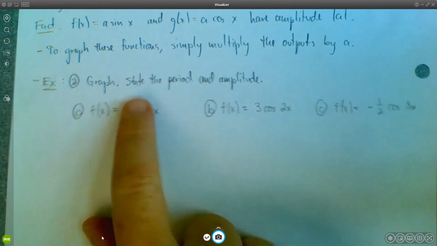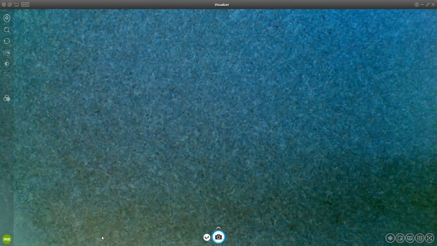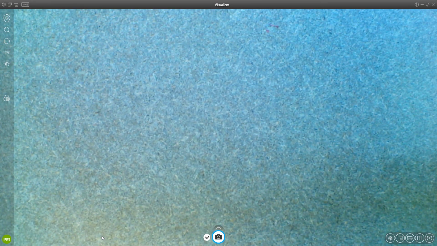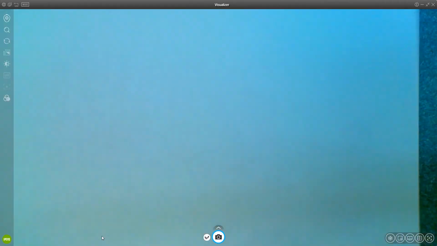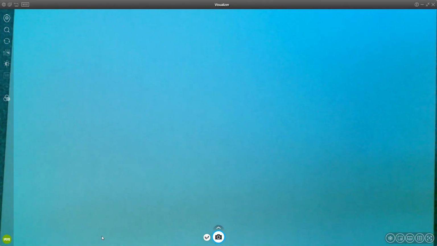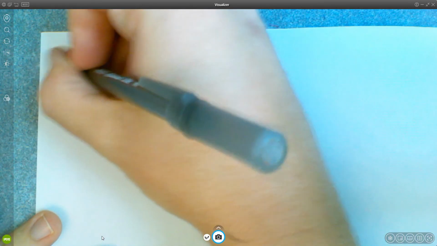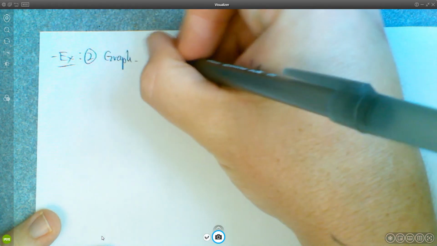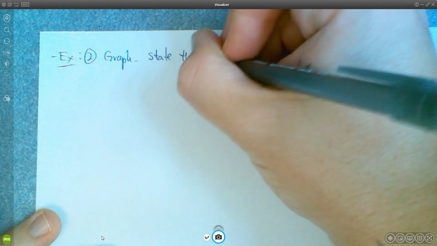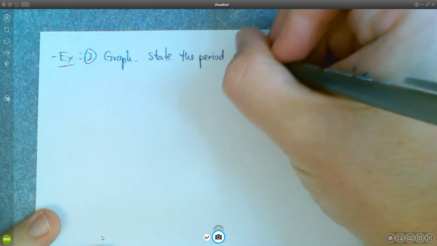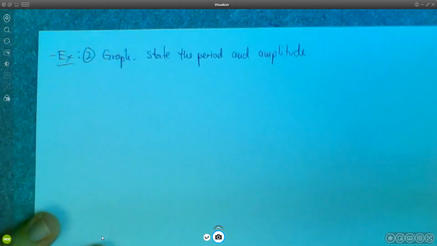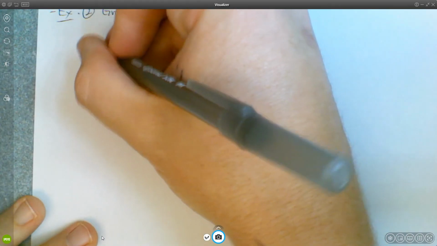So let's practice graphing some things. We'll state the periods and the amplitudes as well. So here we go. Okay, so let's graph, state the period and the amplitude.